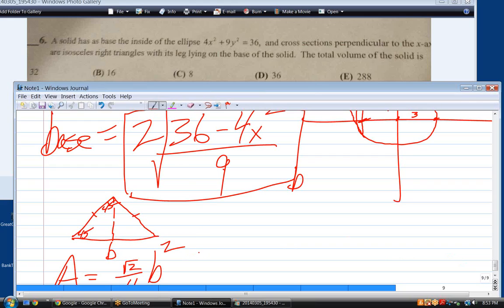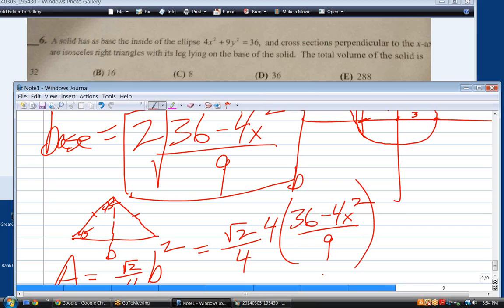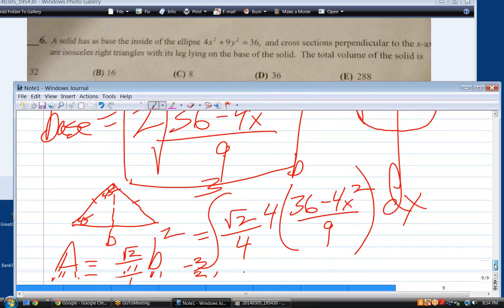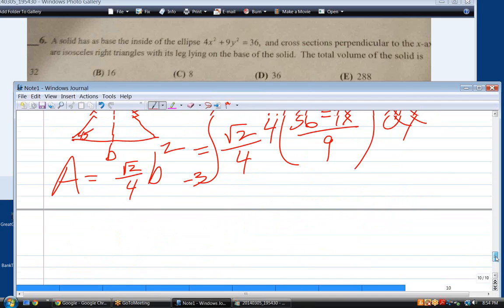Let's see. So the area is equal to root 2 over 4 times that whole thing squared, which is 4, squaring the 2 part, and then everything else is without the radical sign. So that's the area of each triangle times dx. I'm going to integrate from -3 to 3. Well, let's simplify this thing.